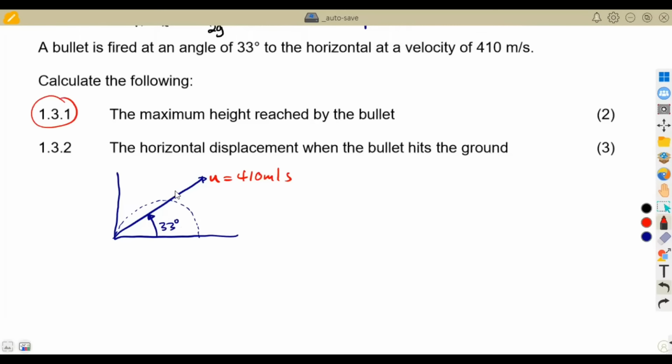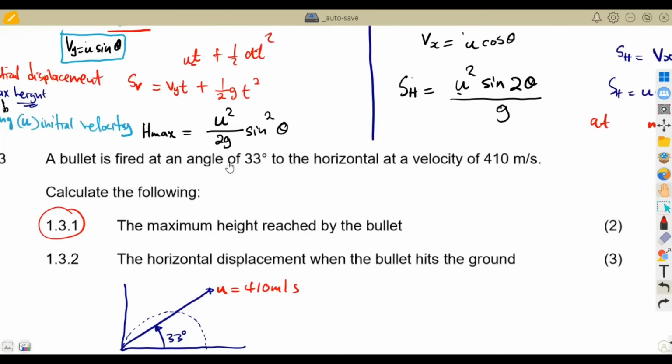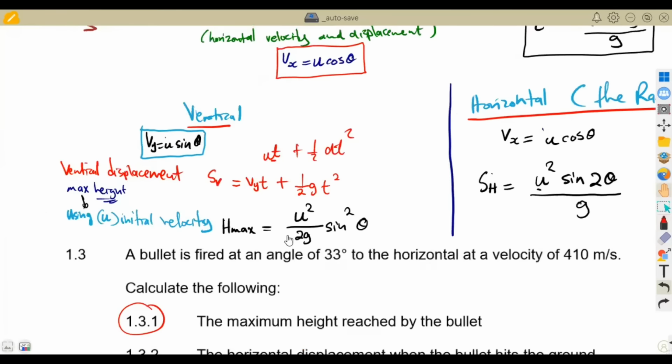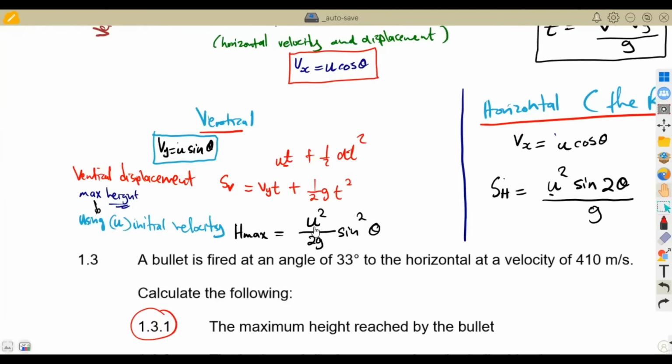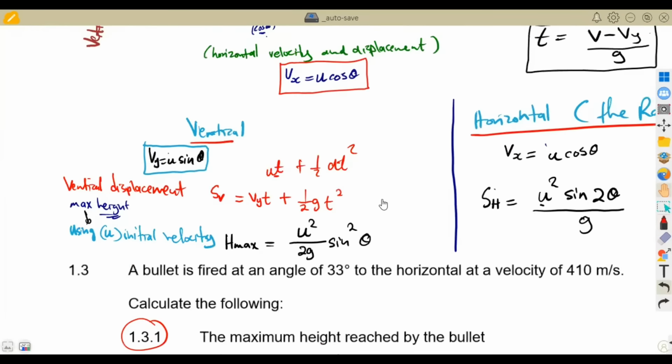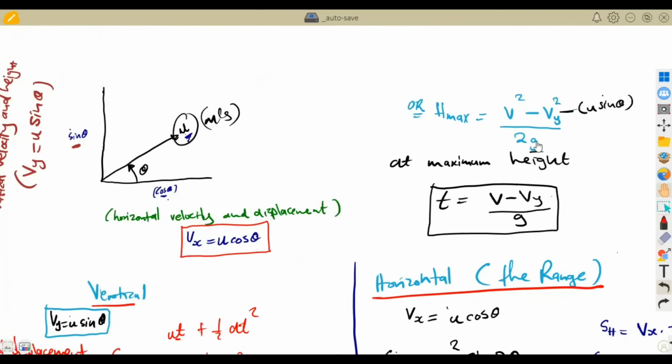Then the question on 1.31: calculate the maximum height. Here we talked about calculating the maximum height in 2 different ways. The maximum height reached can be calculated from this h max formula, or we can calculate our h max from this other formula.